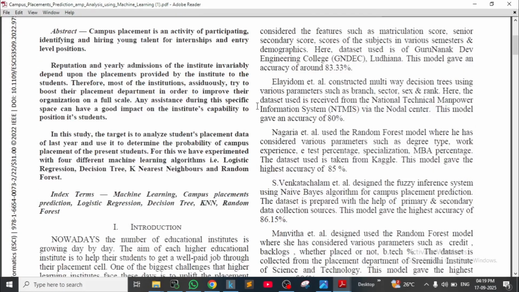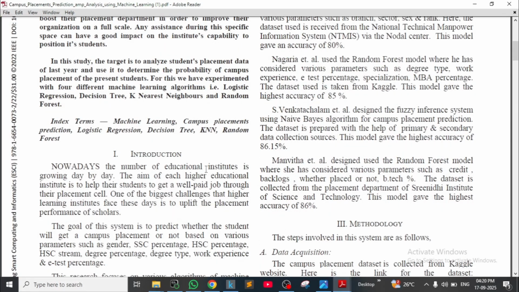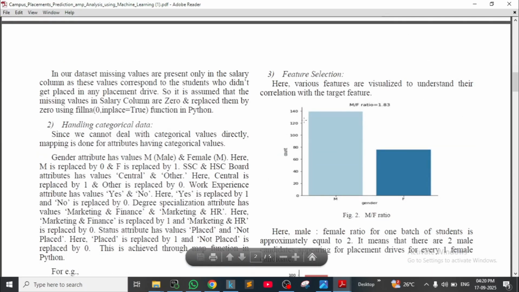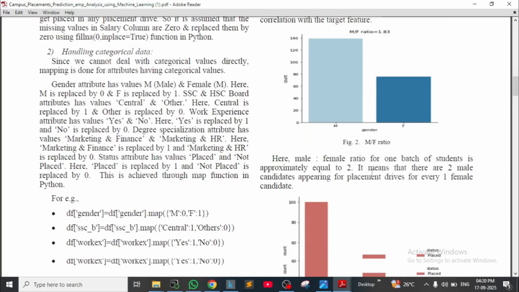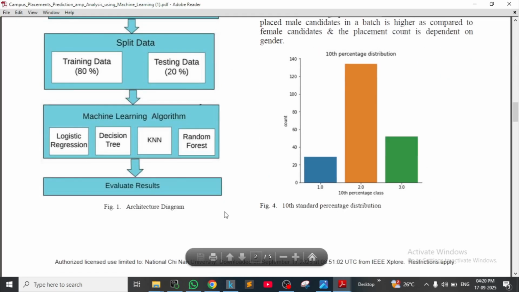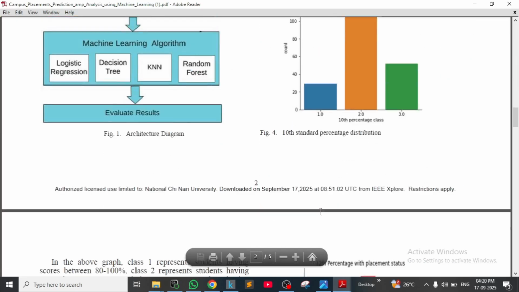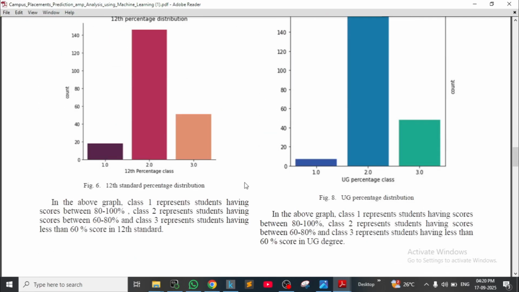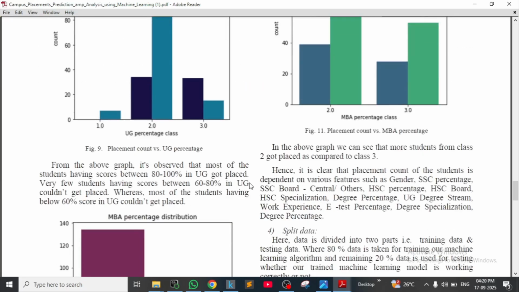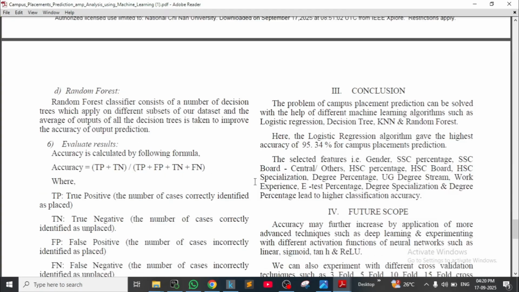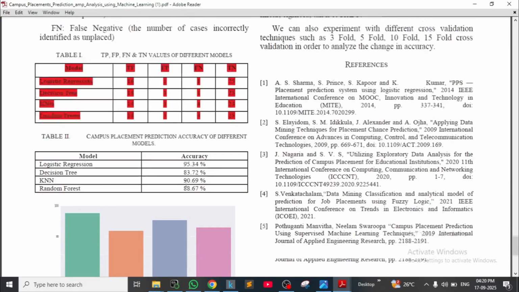See the inside content: introduction, methodology, literature survey, feature selection ratio, the flowchart, architecture diagram, standard percentage distribution. They have given different types of graphs also, like MBA percentage distribution, conclusion, and tables.